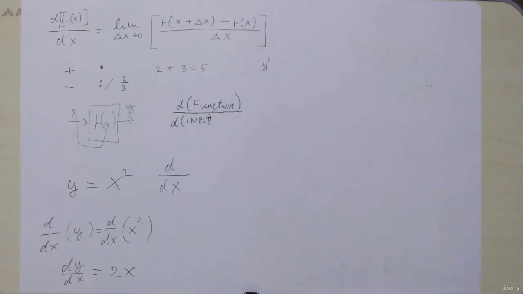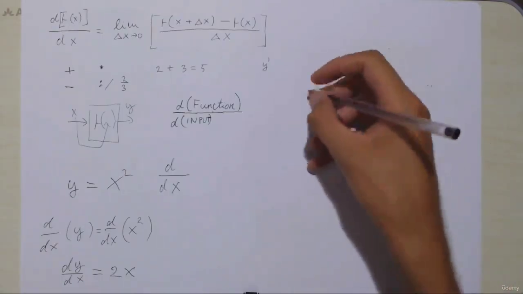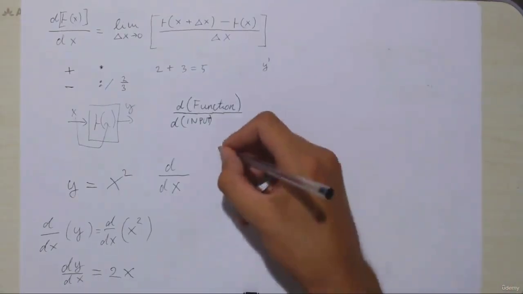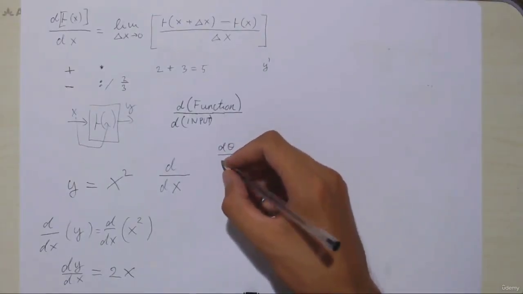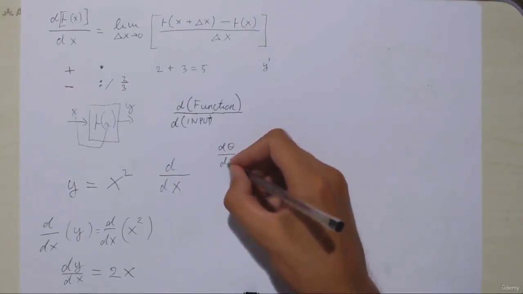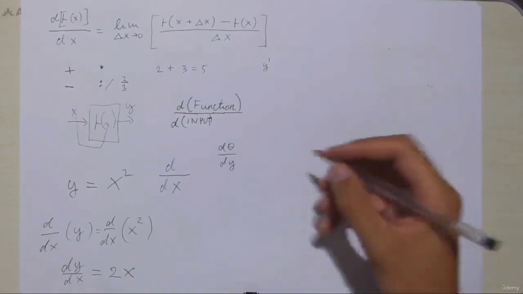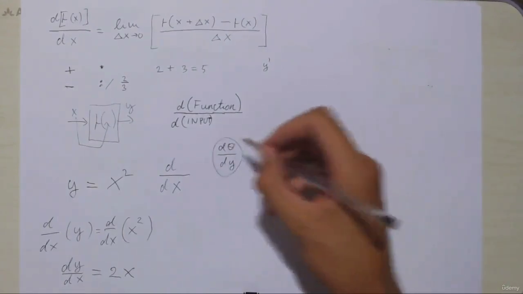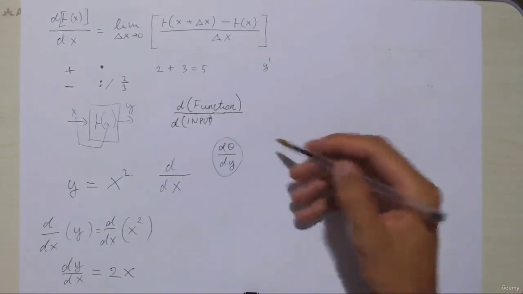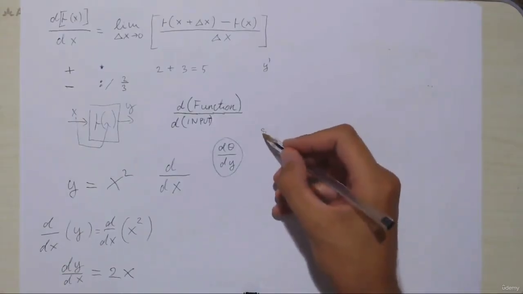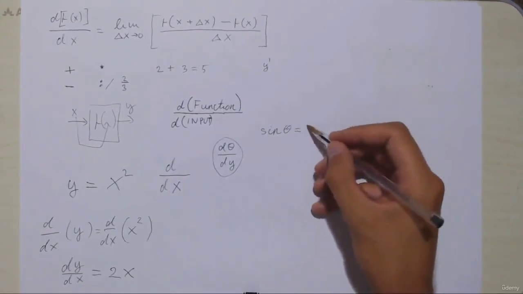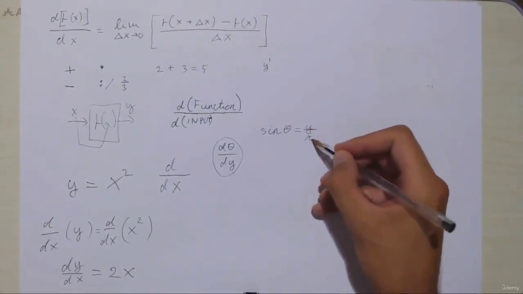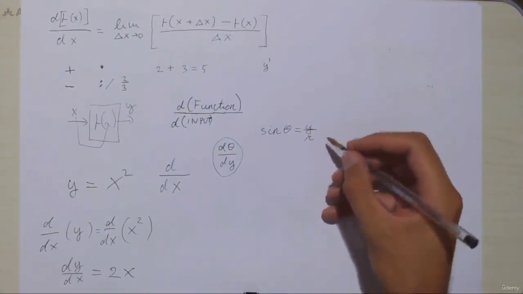And for example, in the previous example, we wanted to find d theta over dy. It was that beam example, right? d theta over dy. So our main problem was to find this, but then we couldn't because we had this relationship sine theta equals y over r, and r was constant.